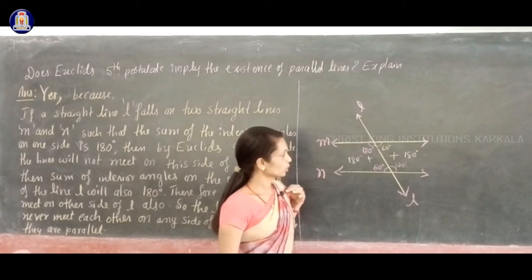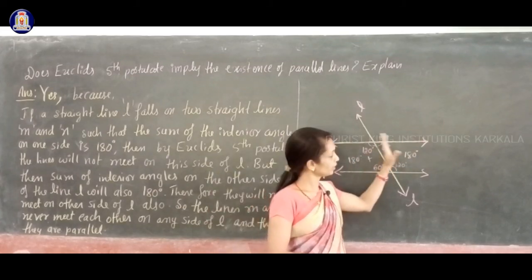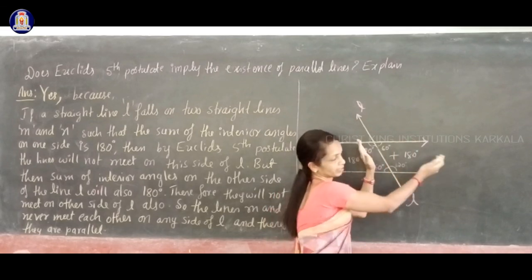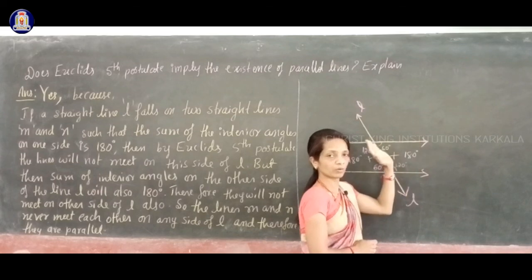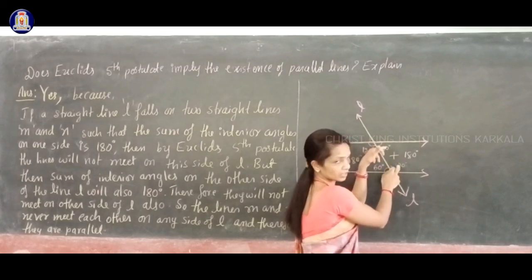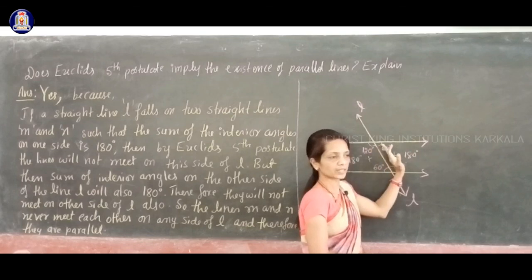So according to Euclid's fifth postulate, these two lines will not meet on the right side, on the other side of L also. Why? Because the sum of these two interior angles is equal to 180, that is not less than 180.